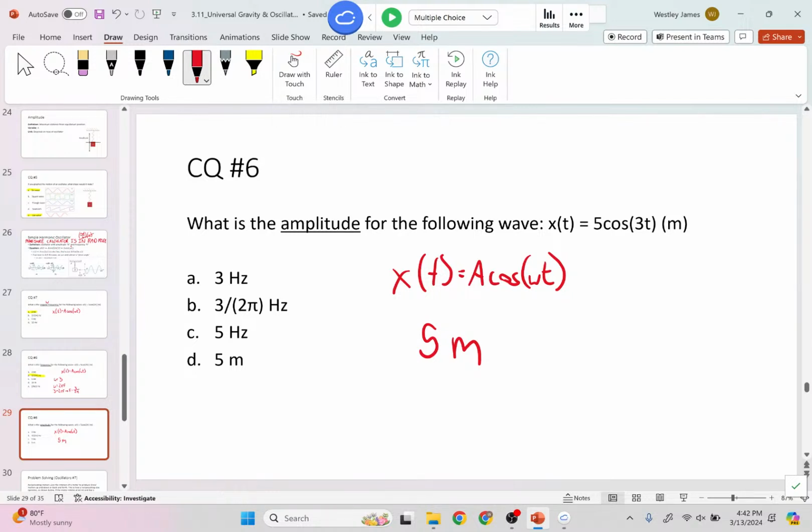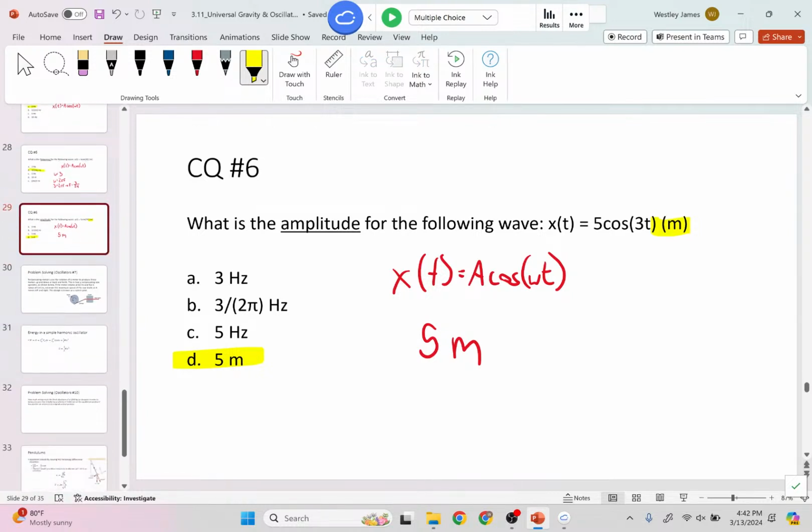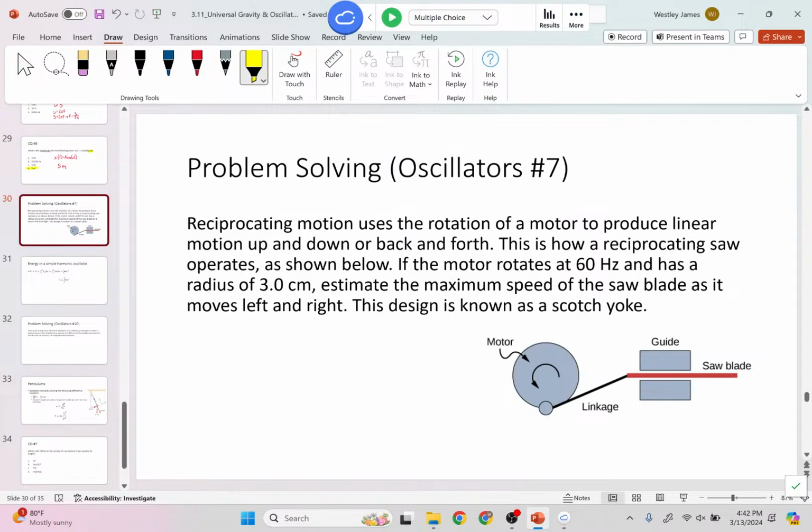You know, a frequency of anything, but yeah, the units come from the end. Meters. All right, so now we're just going to do a couple problems, and then I'm going to give some very specific scenarios and some equations for those.